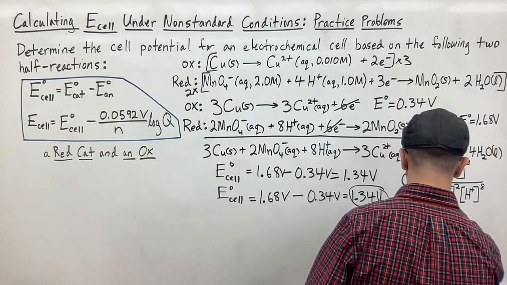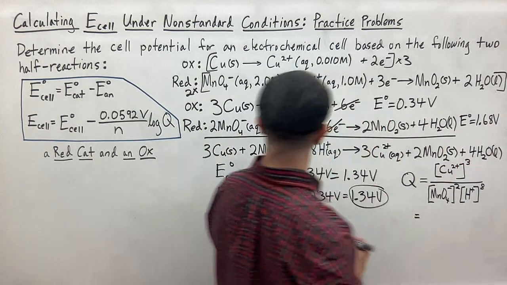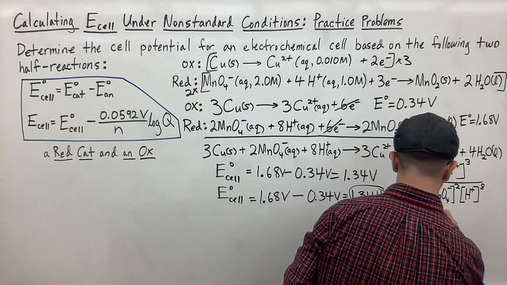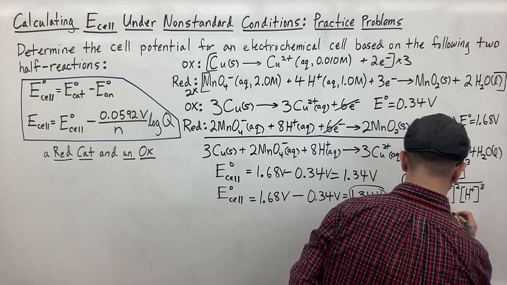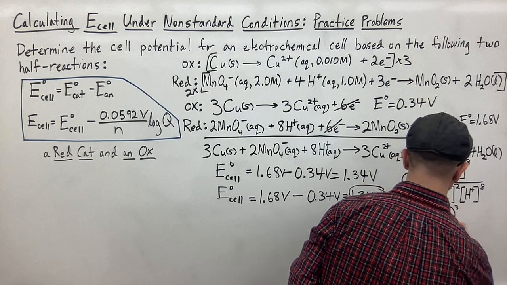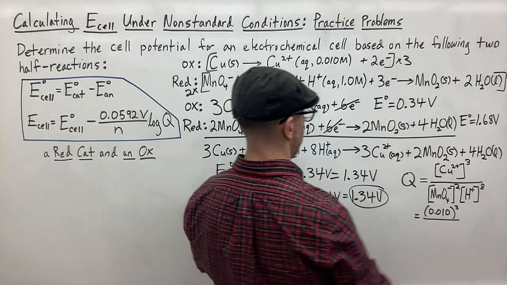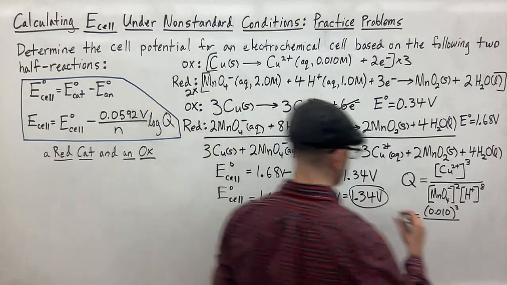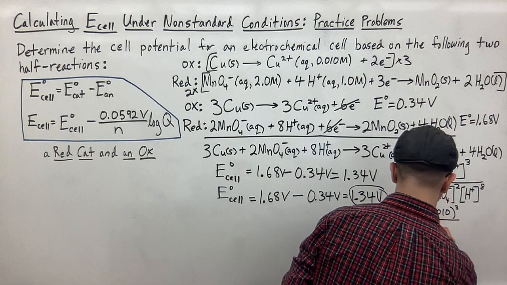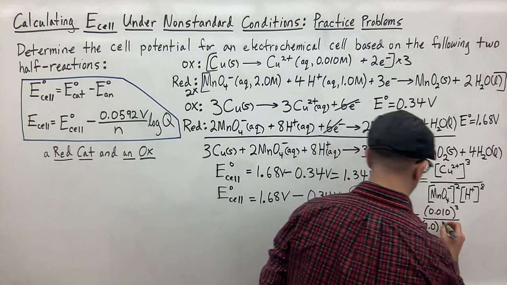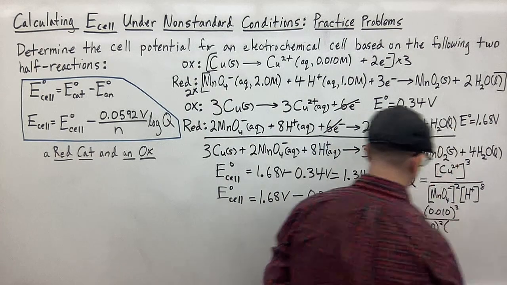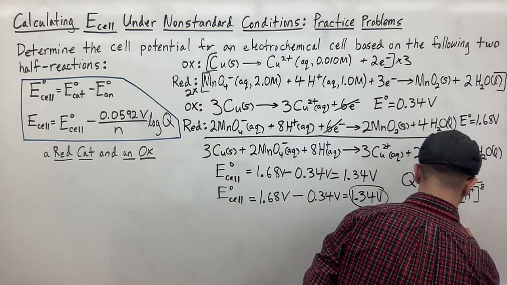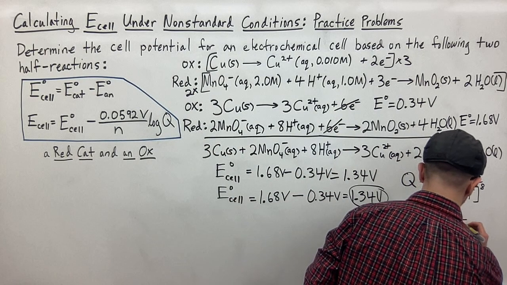So Q is equal to 0.010 cubed, over 2.0 raised to the power of 2, multiplied by 1.0 to the power of 8.